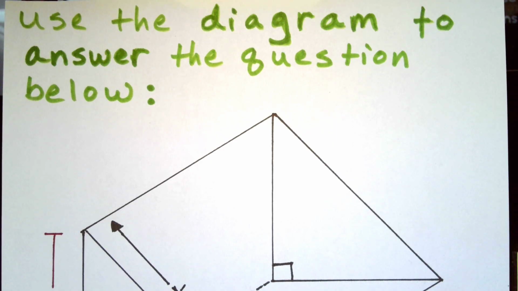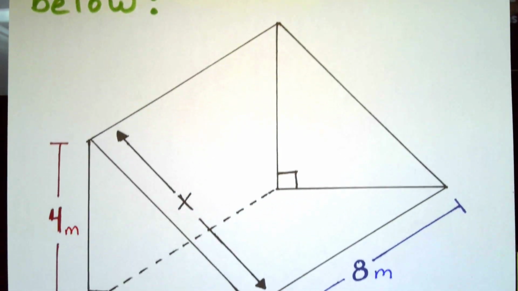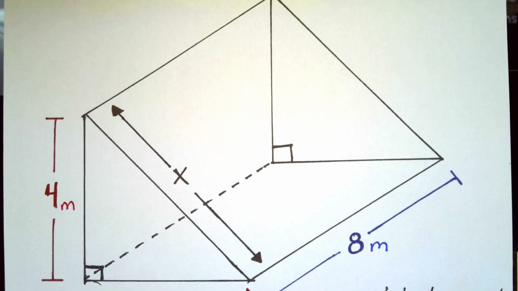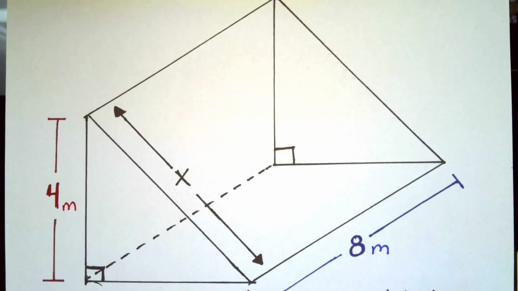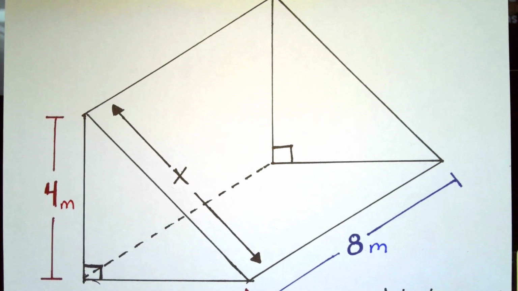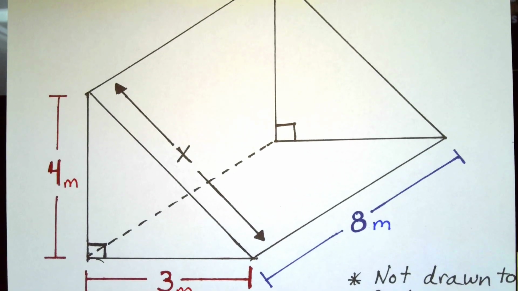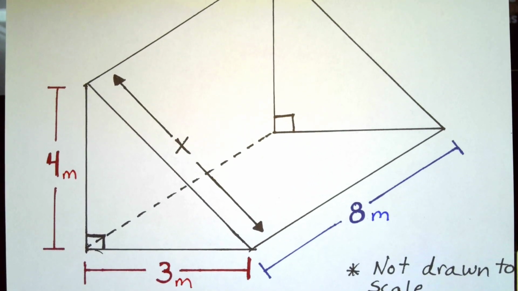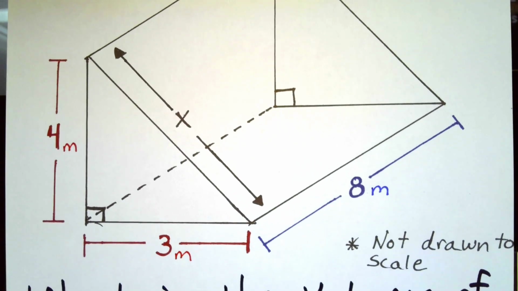I've shown you a video on how to find the hypotenuse of the base of the triangular prism. And in this particular test question, we're going to use the diagram to find the volume of this shape, a triangular prism.